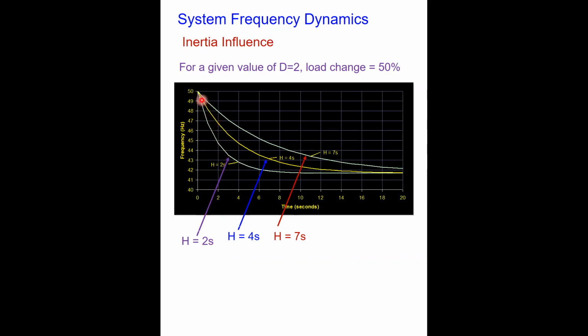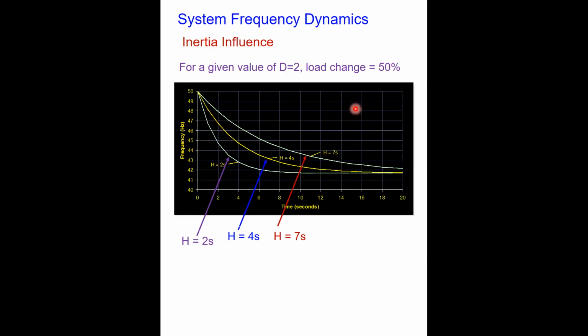That means the frequency will dip from 50 hertz to, let's say, something like 42 hertz in a shorter time frame. But if you have higher inertia, the decay of frequency to 42 hertz will be comparatively slower, and thus you may have sufficient time to apply any control action when you have frequency regulation considered in the system.